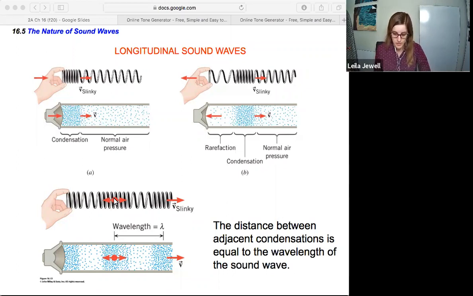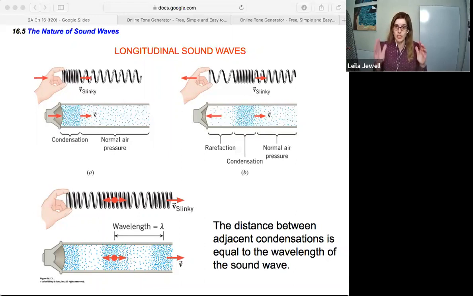If we notice these little red dots, this one dot is just going to move forward and back following simple harmonic motion. The dot itself, the middle of the slinky, isn't going to end up at the end. And similarly, the air molecules here aren't going to end up at the end. They're just going to oscillate back and forth.